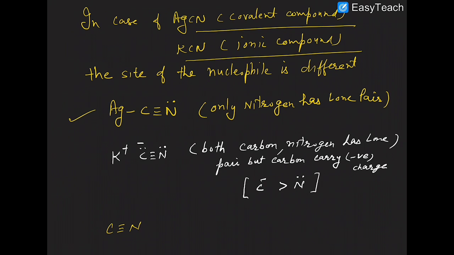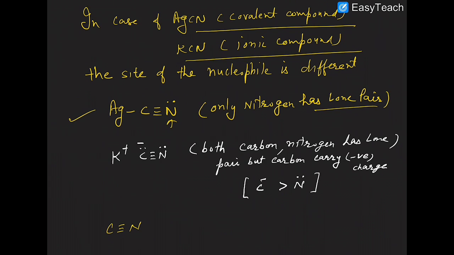Now in case of AgCN, if you look at the structure, nitrogen is the only atom which contains a lone pair of electrons, so it can only attack. So nitrogen is the only atom which has the availability of a lone pair, so this lone pair will attack.